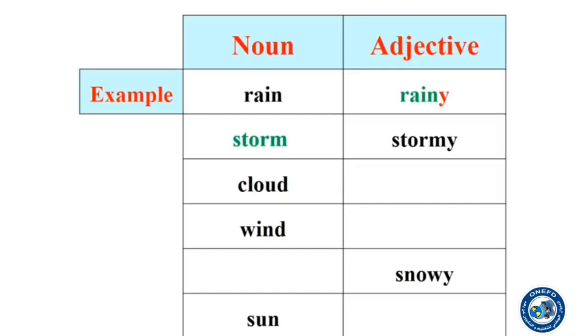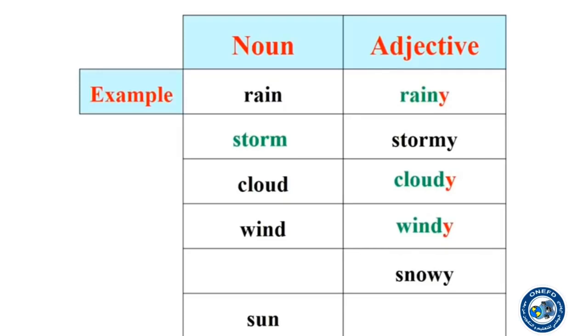The weather is stormy. We add the suffix y at the end. Cloud. Always when we change from noun to adjective, we add y. So I say cloudy. Cloud, cloudy. Also wind, windy.